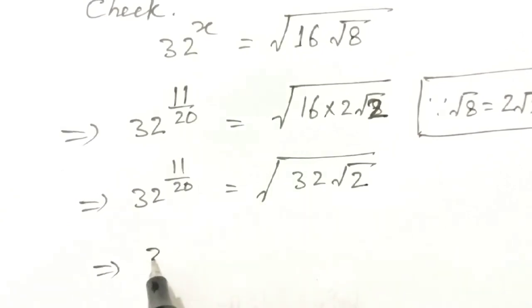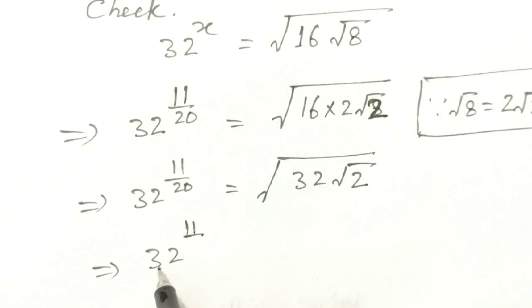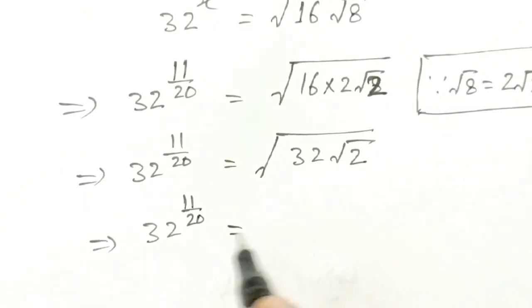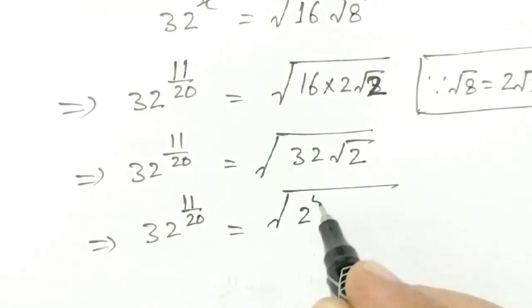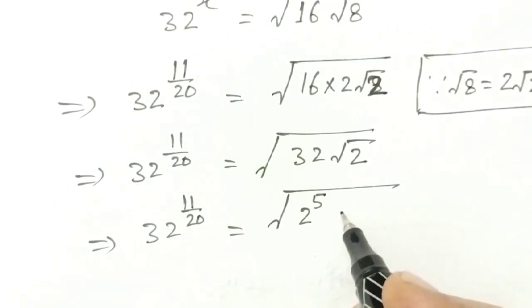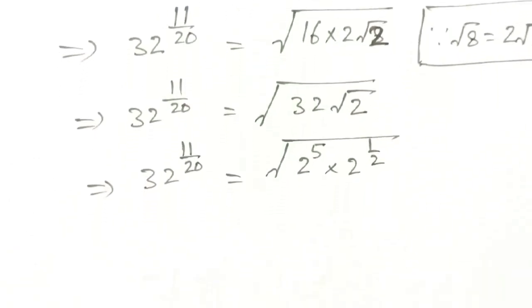So 32 to the power 11 over 20 is equal to 32 as 2 to the power 5 into 2 to the power half, right?